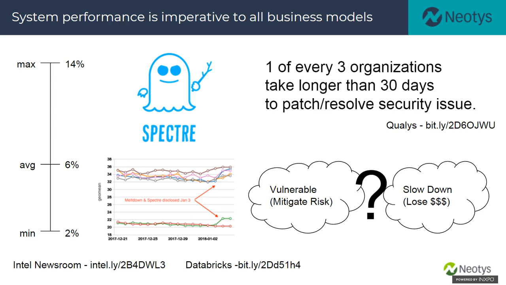But how does it impact everyone? There's a few pieces of information. It could impact up to 14% of your CPU cycles. On average, it's about 6. We're currently running these load tests in our own NeoLoad lab to estimate the actual damage to typical web workloads and API workloads as part of the Spectre patch.